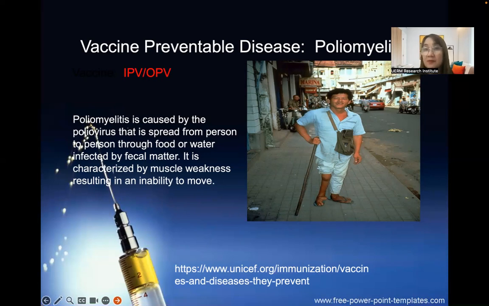The polio vaccine protects a person from developing polio, and the virus paralyzes 1 in 200 people who get infected. Among these cases, 5 to 10% die when their breathing muscles are paralyzed. There is no cure for polio once the paralysis sets in.